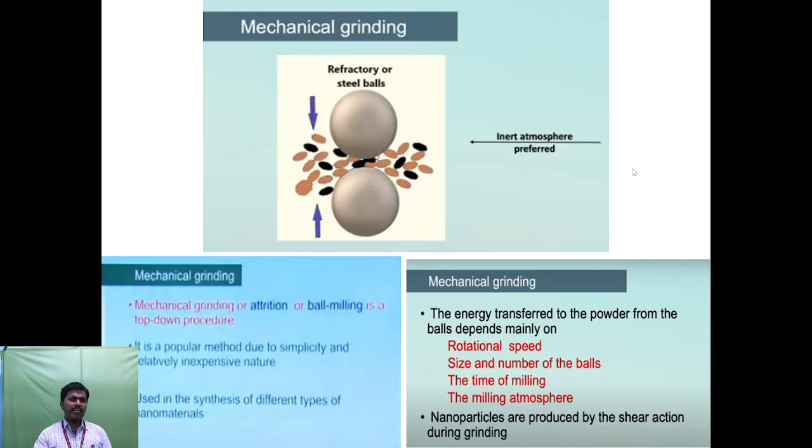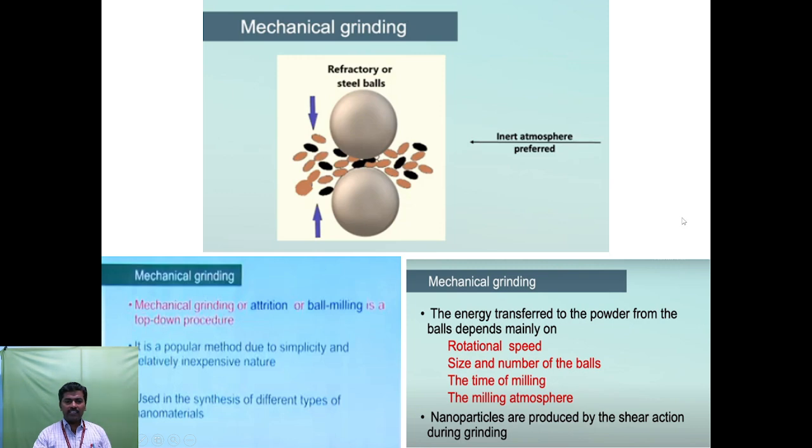Another method is mechanical grinding. This is a diagrammatic representation of mechanical grinding in an inert atmosphere. Mechanical grinding, or ball milling, is a top-down procedure. It is a popular method due to its simplicity and is relatively inexpensive in nature, so it is used in the synthesis of different types of nanomaterial.